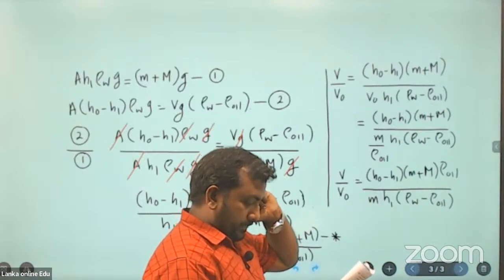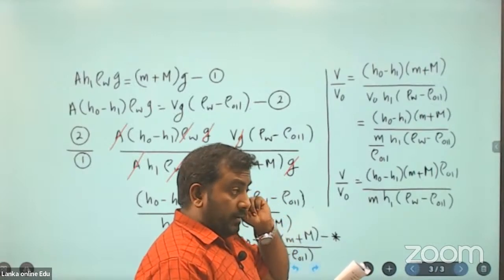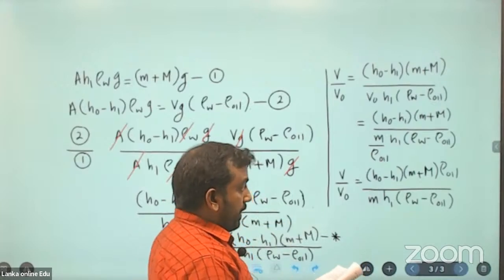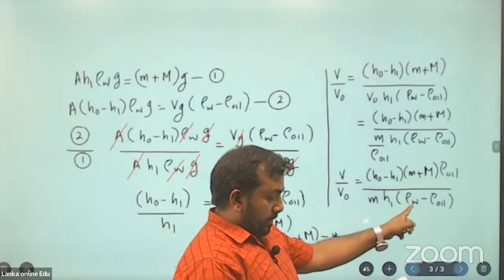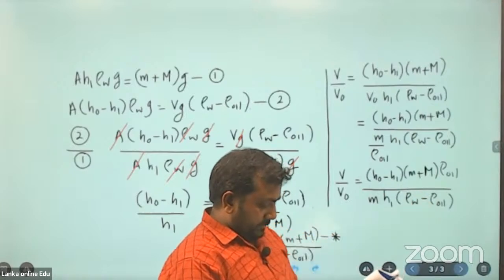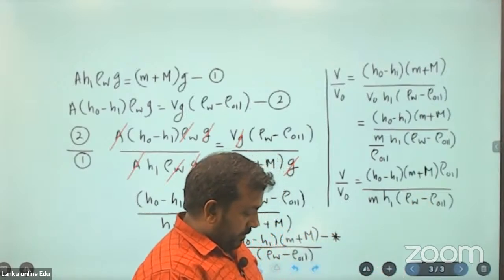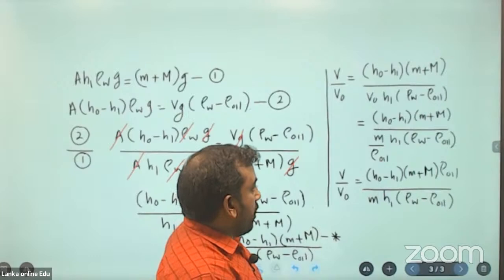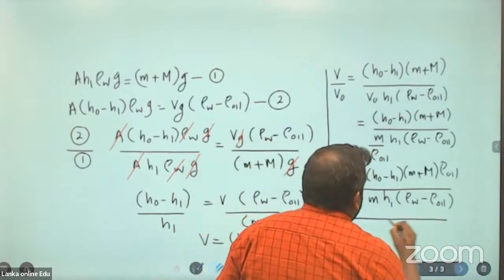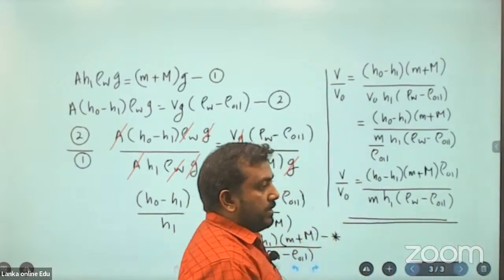In the 2015 original paper, this is rho W minus rho oil. So this is your answer.